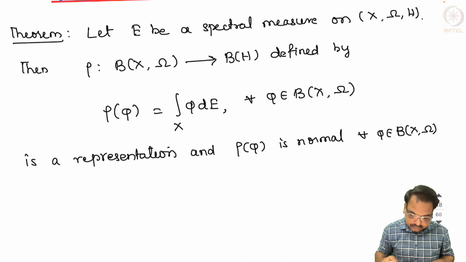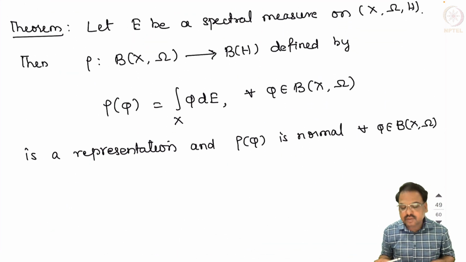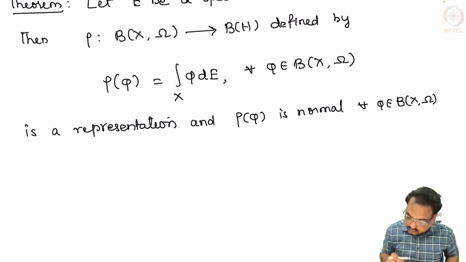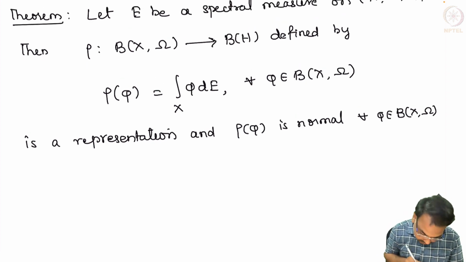Okay, that means given any spectral measure on (X, Ω, H), we can get a representation using the spectral measure. Okay, so let us look at the proof.